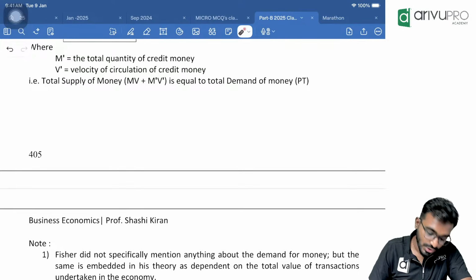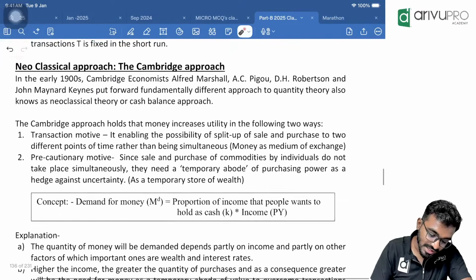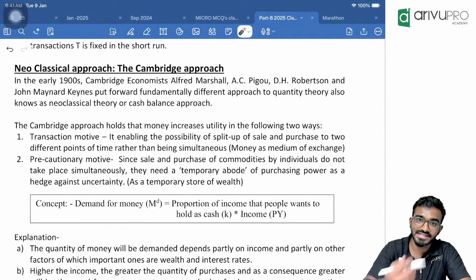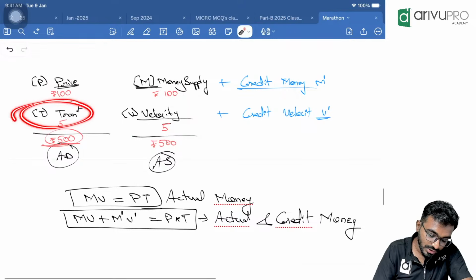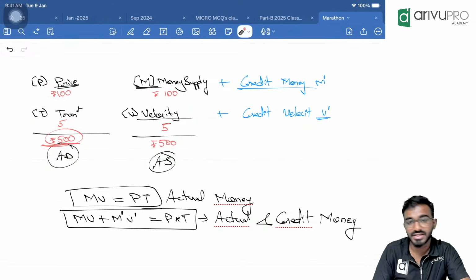Is that clear? So next theory is the neoclassical approach, wherein money, they said, is not only used for a transaction purpose. See, in case of QTM, money is only and only used for a transaction purpose. Other than transaction purpose, money is not used for anything else.